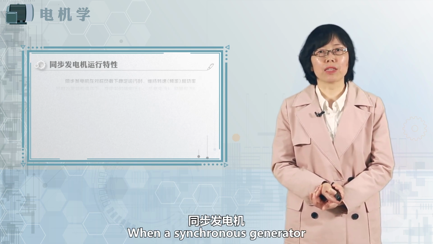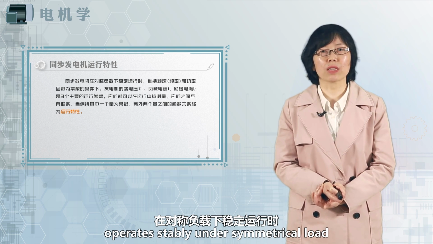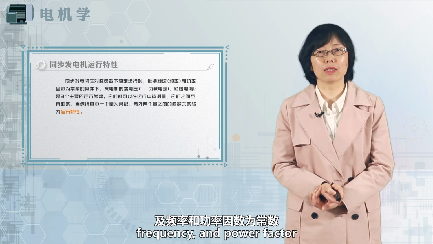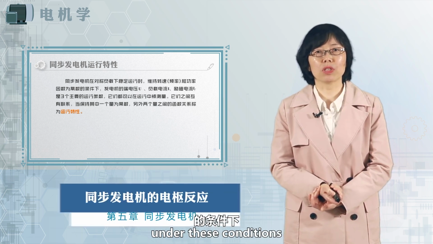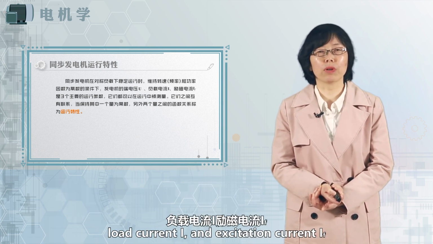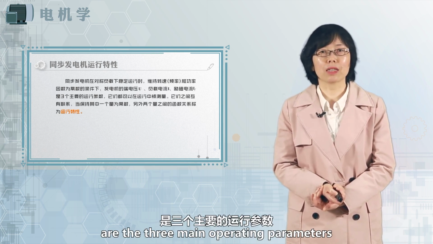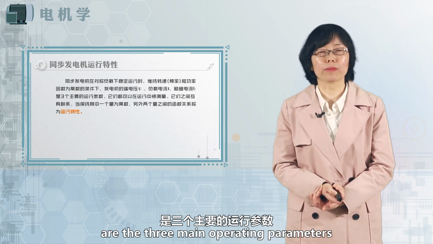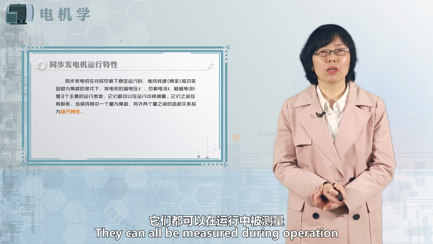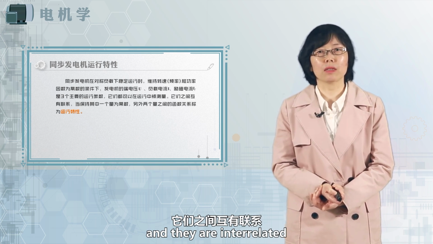When a synchronous generator operates stably under symmetrical load, maintaining constant speed, frequency, and power factor under those conditions, the terminal voltage U, load current I, and excitation current IF are the three main operating parameters.